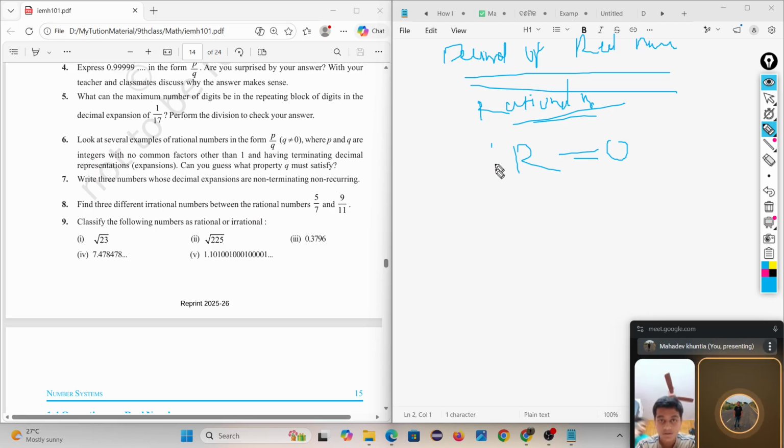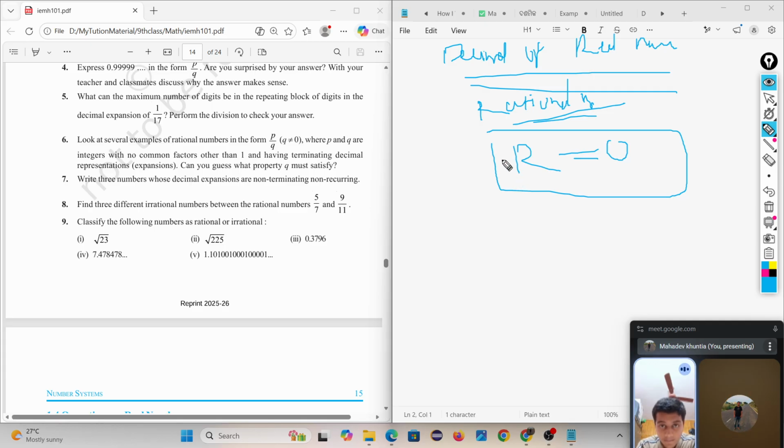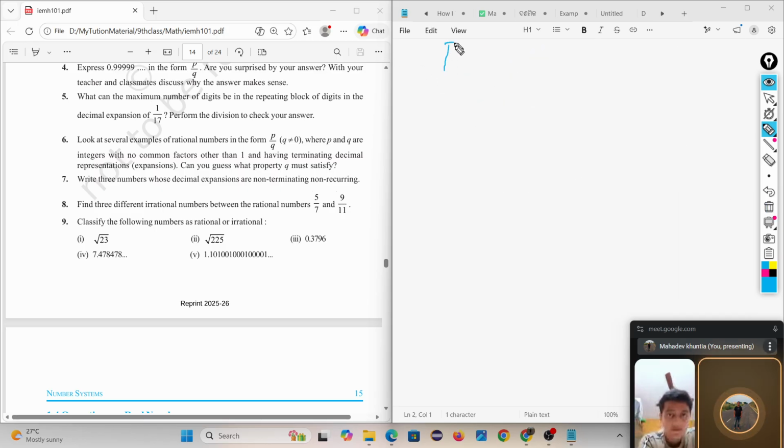If remainder equal to 0, it is which type of decimal expansion? Look, if I divide a rational number p upon q, two conditions are there.